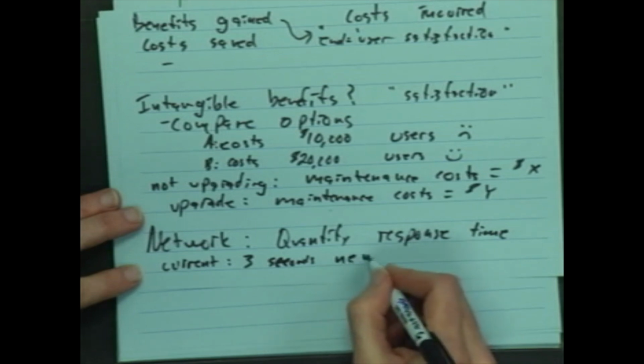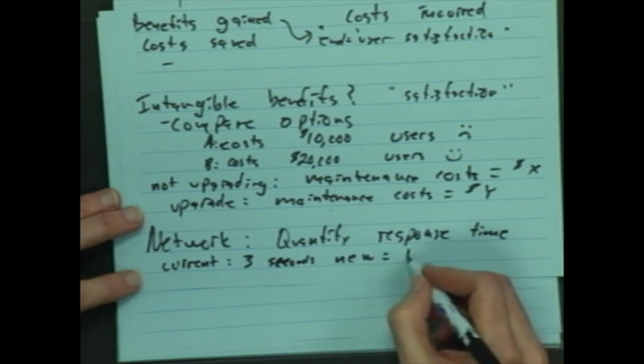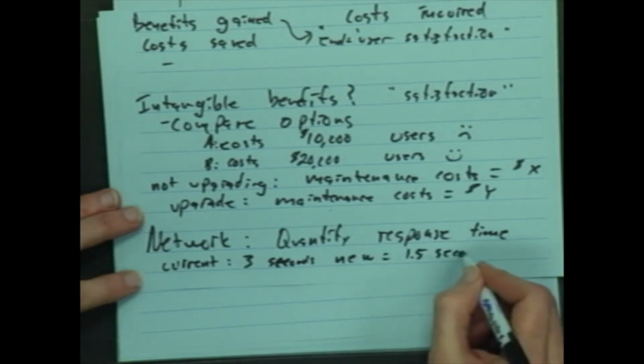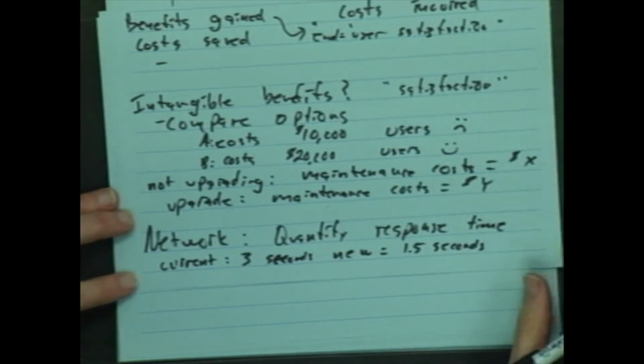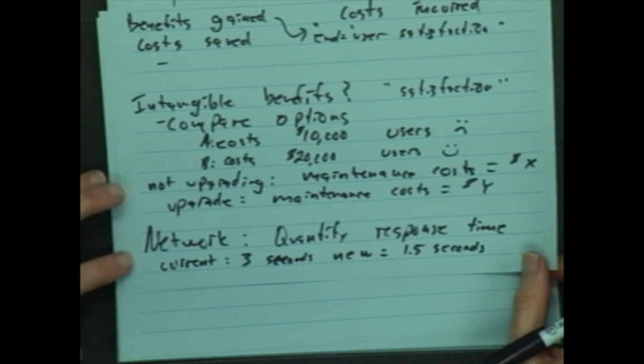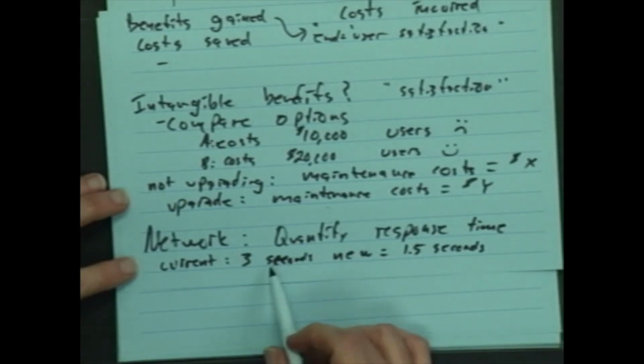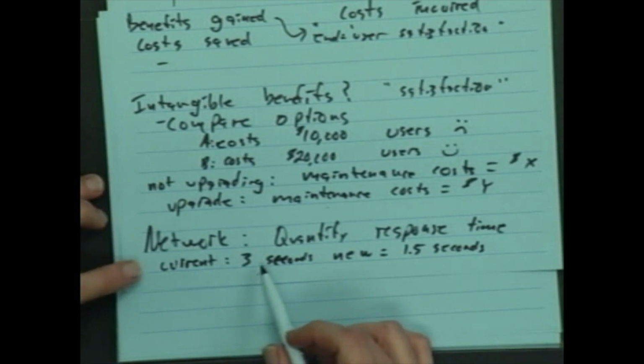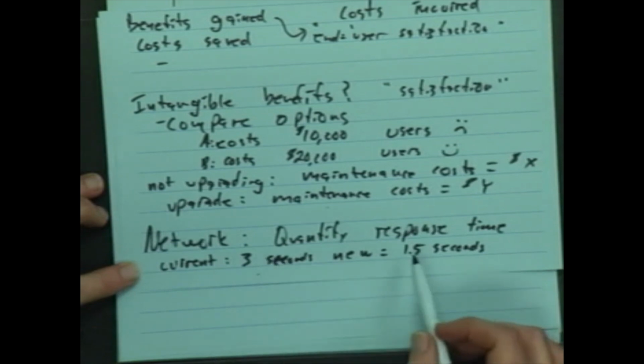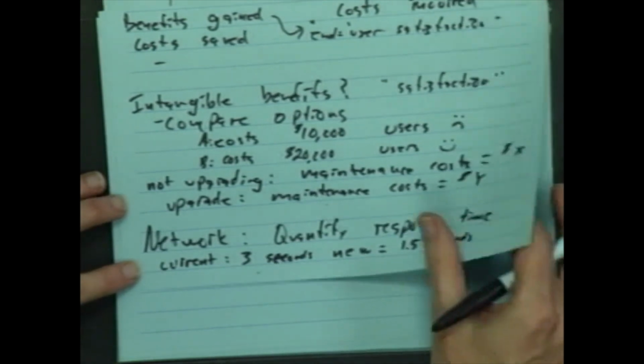The new is going to be, I don't know, let's say 1.5 seconds. Does that seem like a reasonable place where you'd quantify it? So I might say the current users, it takes them 3 seconds to enter a web URL and look at the page. If we upgrade, it would take that down to 1.5 seconds.